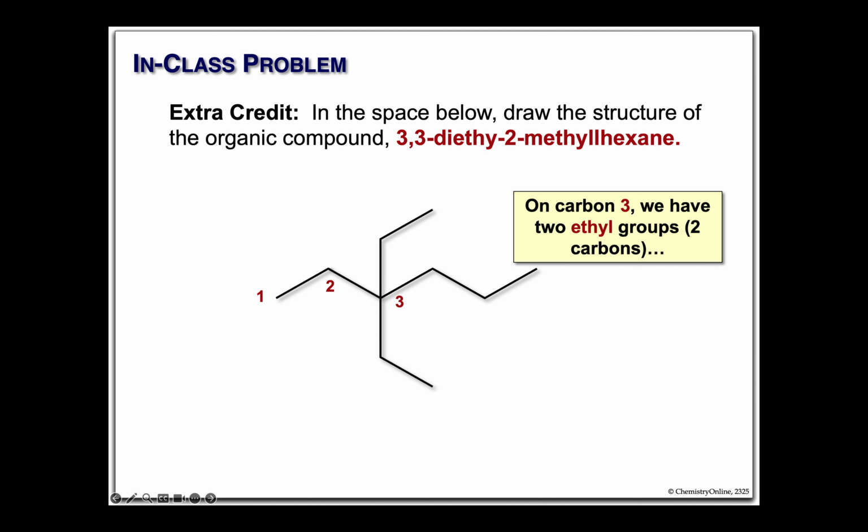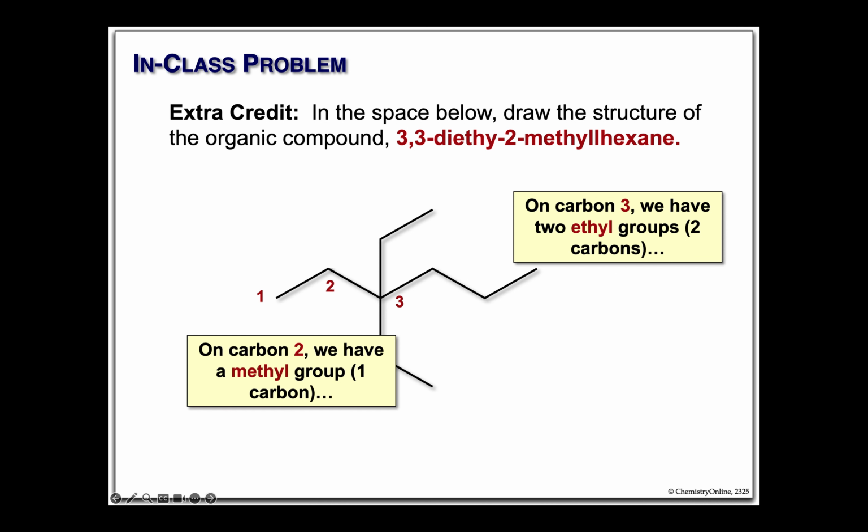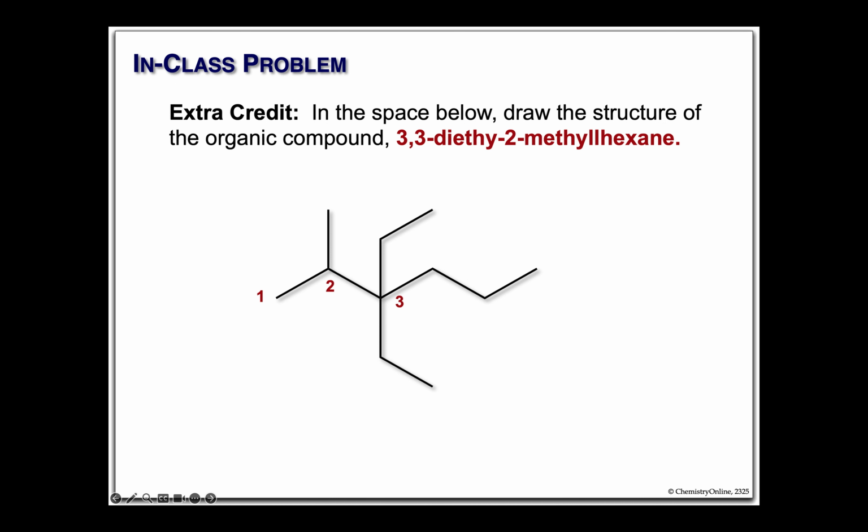It doesn't matter which way these point or what angle they're at, because they are rapidly moving, remember. On carbon number 2, we have a methyl group. Methyl group is a single carbon. So we start here, we go up with a simple line. And this is 3,3-diethyl-2-methylhexane.